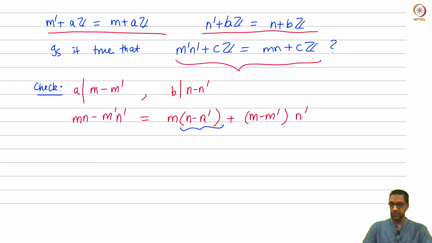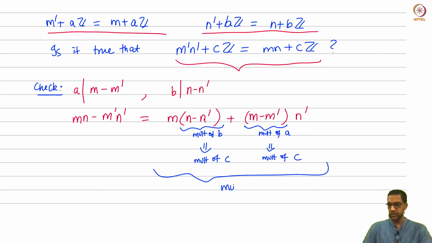Now observe, this is a multiple of b. This is a multiple of a. But observe that c is the GCD of a and b. So if something is a multiple of b, it's definitely a multiple of c. A multiple of a, for the same reason, is a multiple of c. So both terms are multiples of c. So the net answer is again a multiple of c. Okay, which is what we needed to prove, that mn minus m prime n prime is in fact a multiple of c.